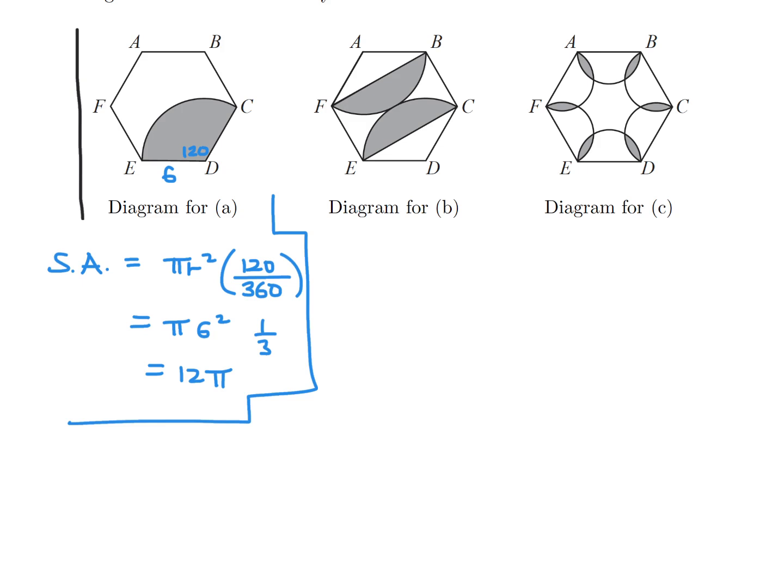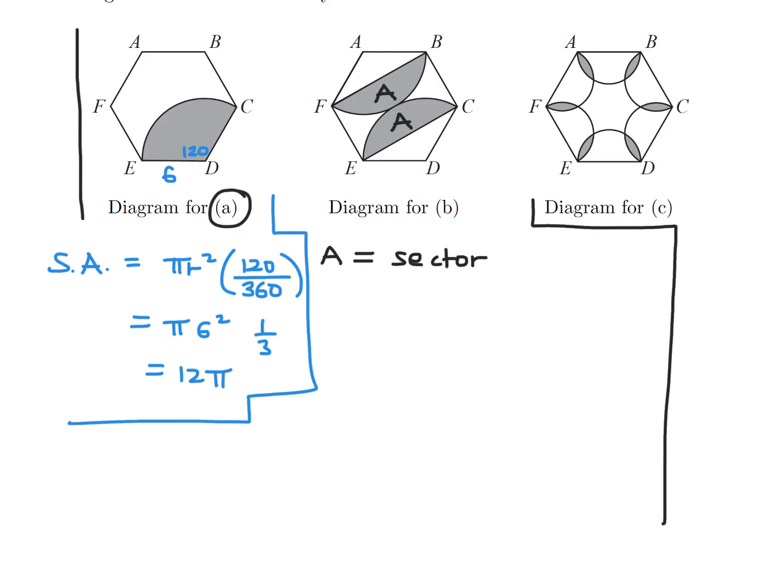I will call this segment A, like that. To explain what it is, it's that segment, or sector I should say, like what we did in part A. This was a sector, or you can call it a pie, or whatever you want to call it. I call it a sector.